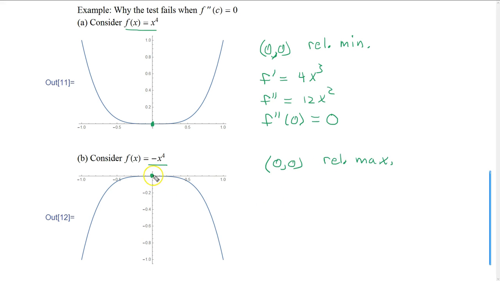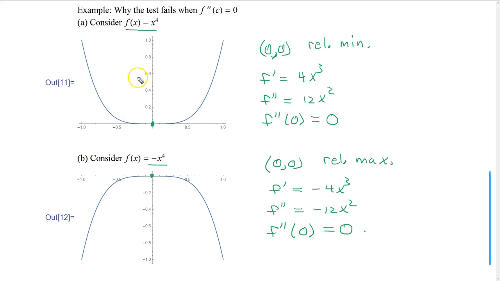And if we try to apply the second derivative test here, notice what we get. Our first derivative is negative 4x cubed. Second derivative is negative 12x squared. And so if we take the second derivative at 0, notice we get back 0. So you see, this is why the test fails.